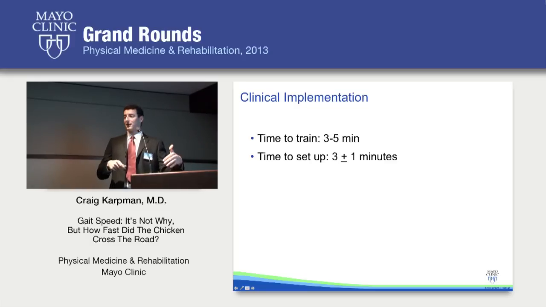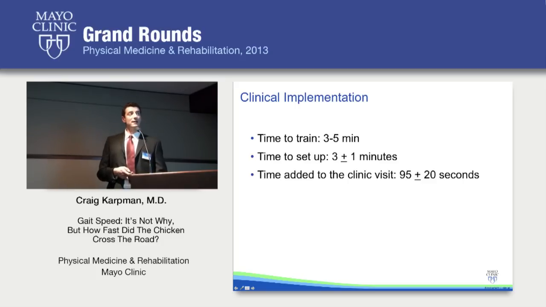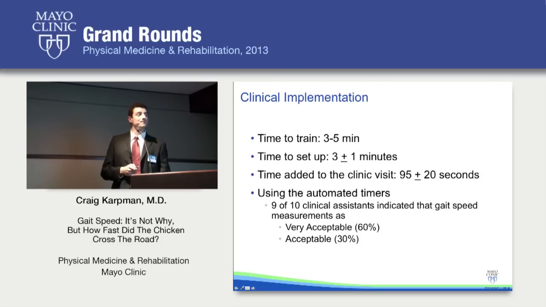We do break it down every night and then put it back up in the morning just to get it out of the hallway. It takes 3 minutes plus or minus 1 to set up, depending on how quick the clinical assistant is. And in terms of the extra time from walking past the room they would have already been roomed in to do the gait speed and coming back, it adds an extra 1.5 minutes. So with the two passes, we added an average of 1.5 minutes to our rooming period.